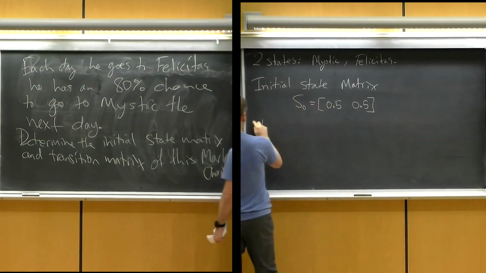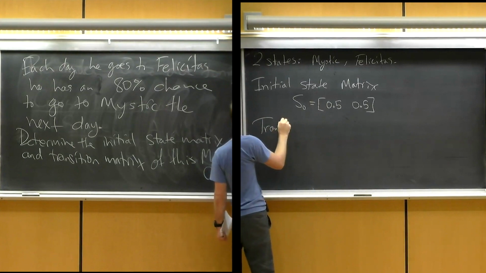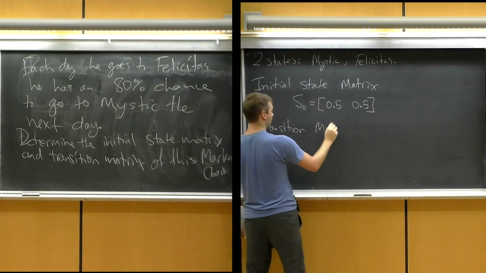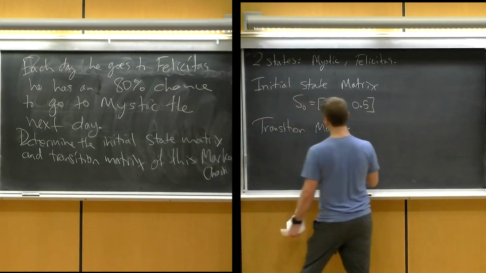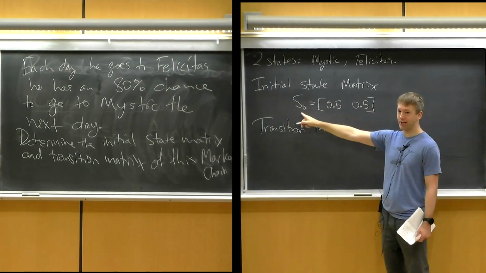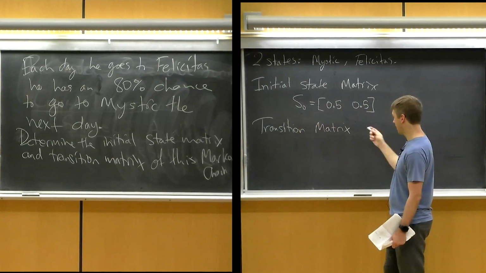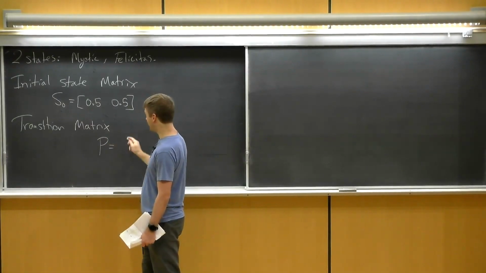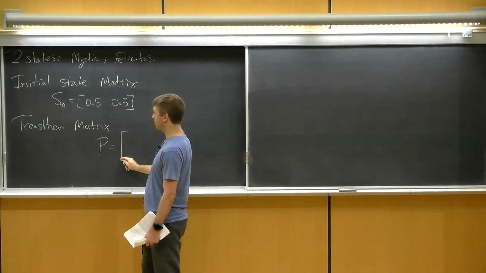And now your transition matrix. By the way, the initial state matrix, we always write as S0, and the transition matrix, we write as P. Can anyone tell me the first row of this matrix?